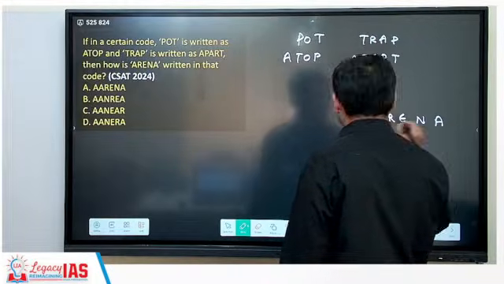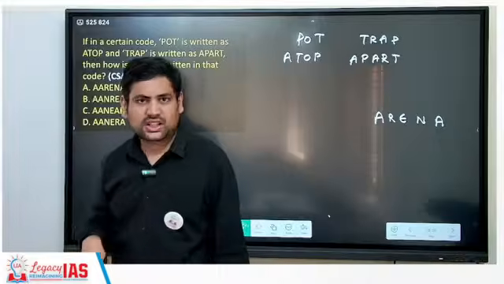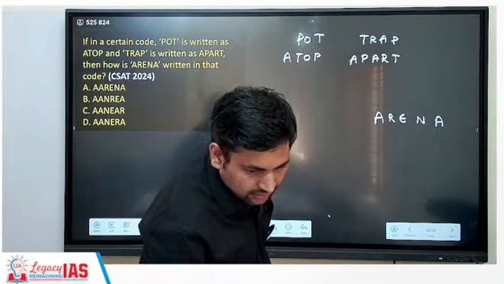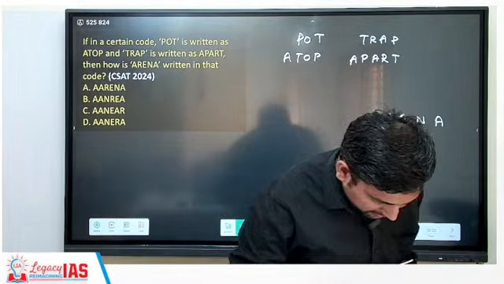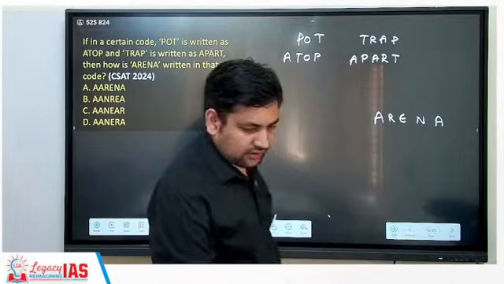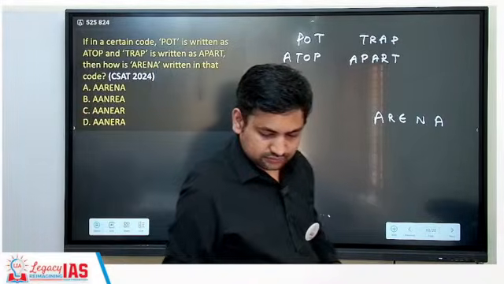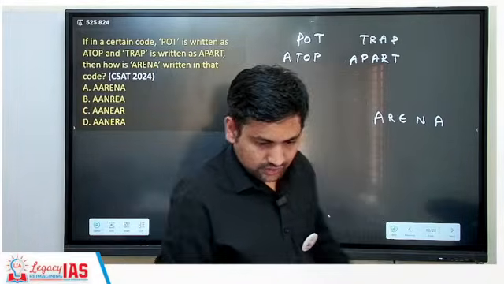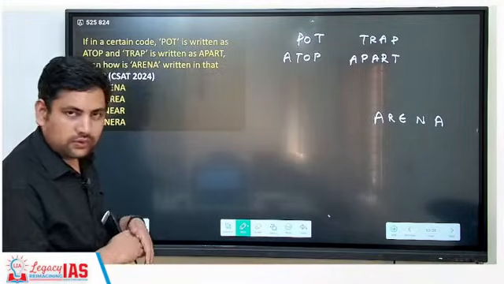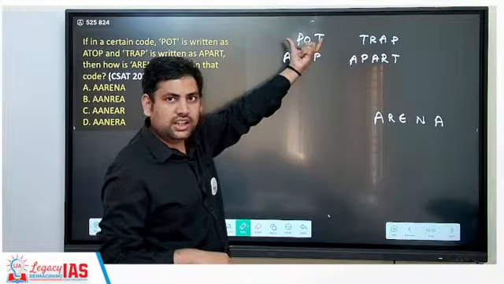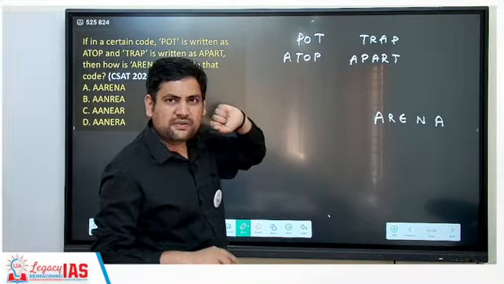First thing that you observe here is that the number of letters in the word and in the code is actually different. Here you have 3 letters, here you have 4 letters.